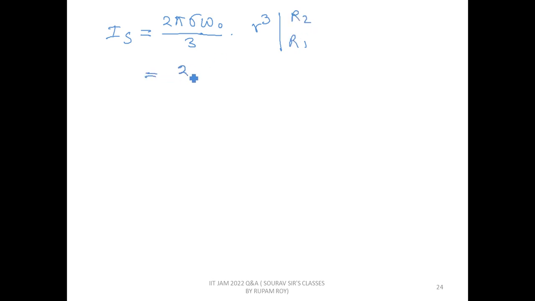That will be equal to 2 pi sigma omega 0 by 3 into r2 cube minus r1 cube, that is I surface. This is the total surface current.